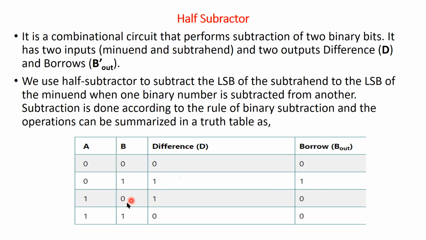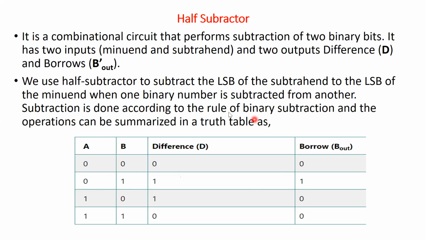Then 1 minus 0 is 1, and there is no borrow. And then 1 minus 1 is 0. So I get a borrow only in the case when I am subtracting 1 from 0. So this is the truth table of your half subtractor circuit.